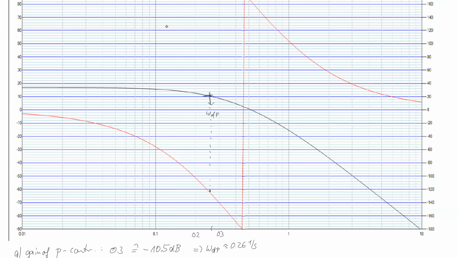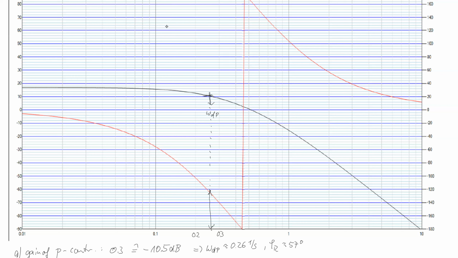The phase margin of the P controller is exactly this distance, and we can read the phase margin of case A: if this is minus 120, this would be 60. It's a little bit deeper, so 57 degrees.